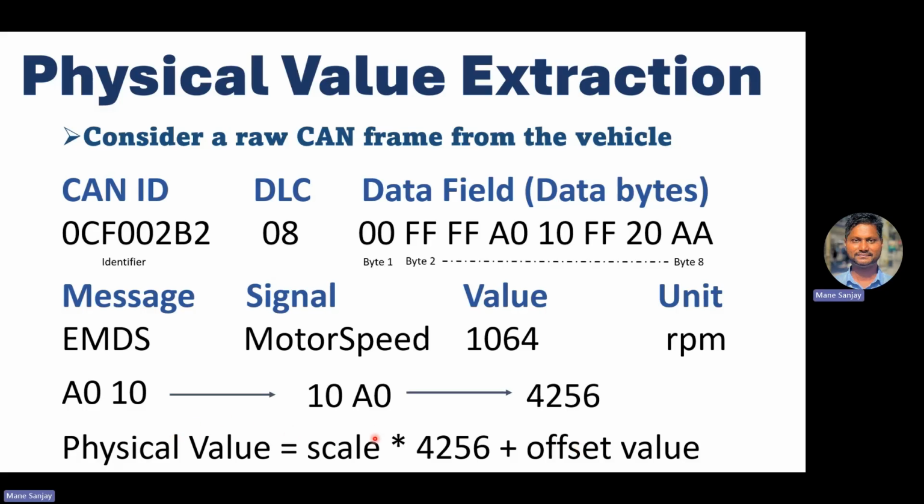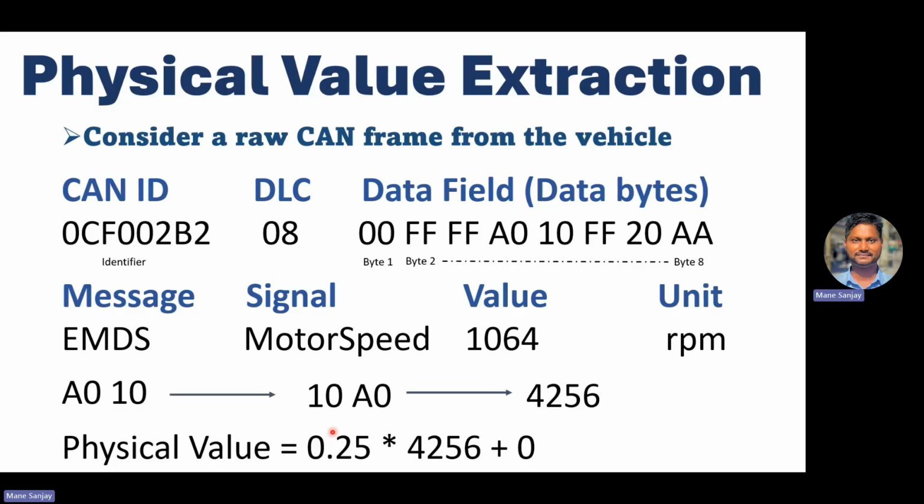Here, this is my raw value. To extract the physical value of the motor speed, I have to multiply it with the scale and add that multiplication to the offset value. I know from my data specification that the offset is 0 and the scale is 0.25. Where is it defined? It is defined in the CAN specification. You should have that document; until and unless you have it, you cannot create the database file.